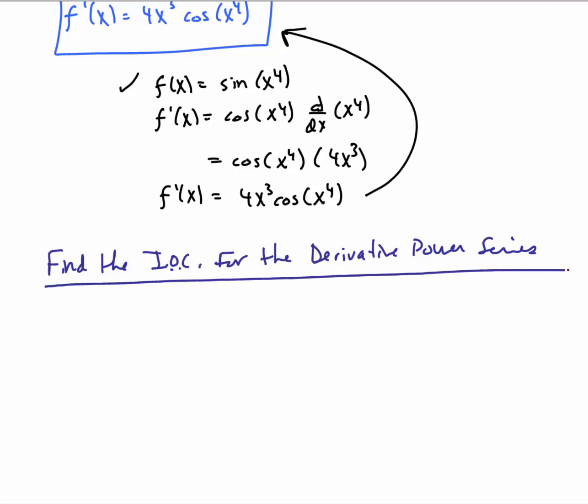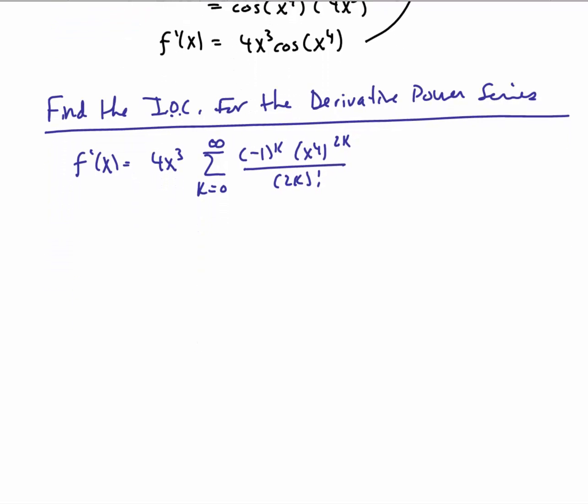So if you remember, the power series that we're looking at here would be f prime of x equals 4x cubed, and I'm using the series notation, k equals 0 to infinity, negative 1 to the k, x to the fourth to the 2k, all over quantity 2k factorial.